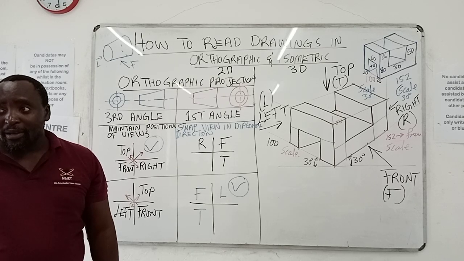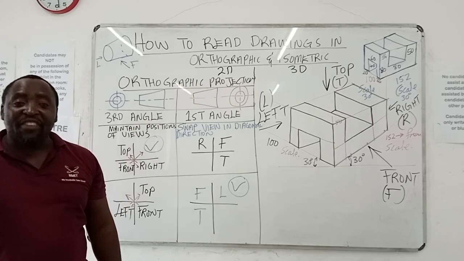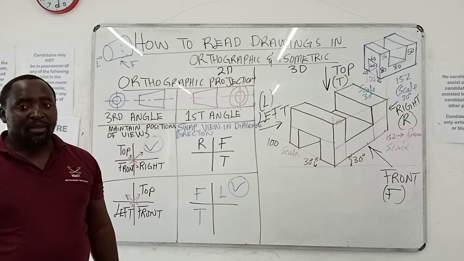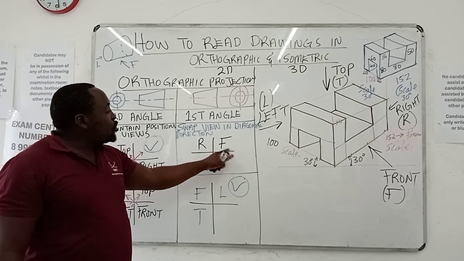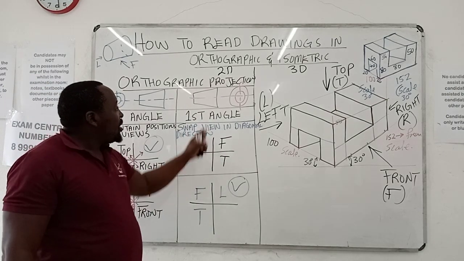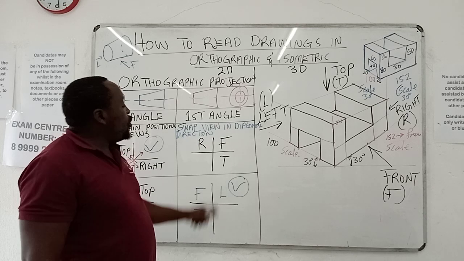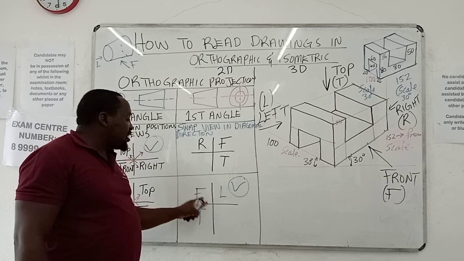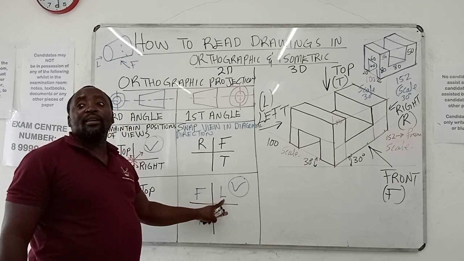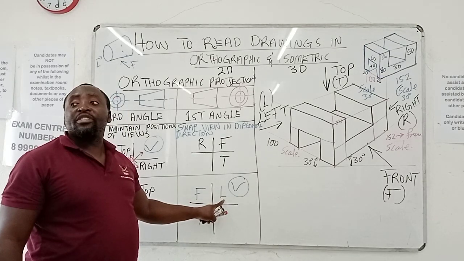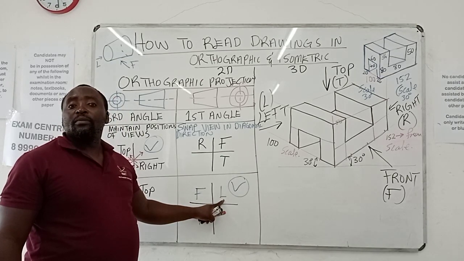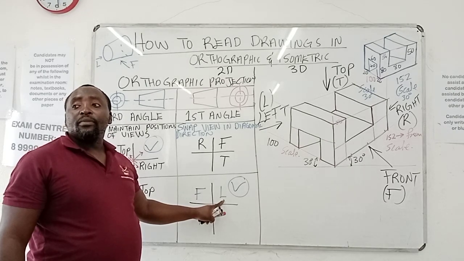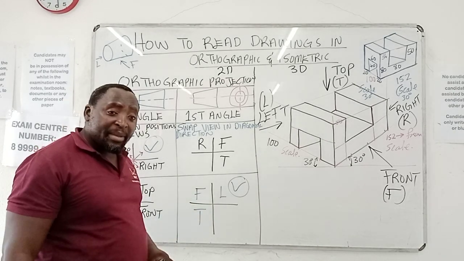So the symbol tells you everything. If you have got two drawings side by side, and it's this symbol, you will know that you are not here, you are here. The one on the left is the front, and the one on the right is what? Is the left. Have I made myself clear?